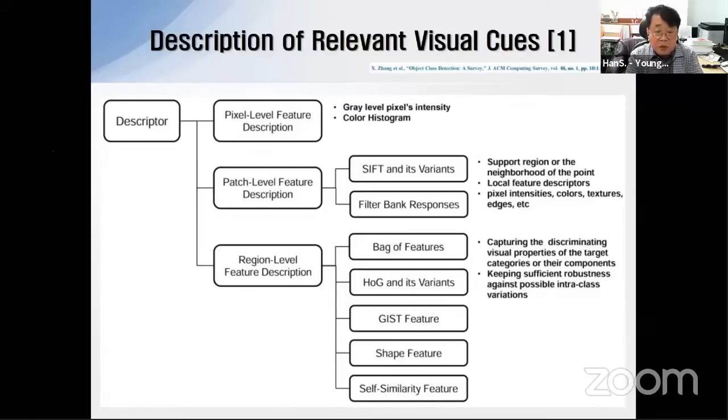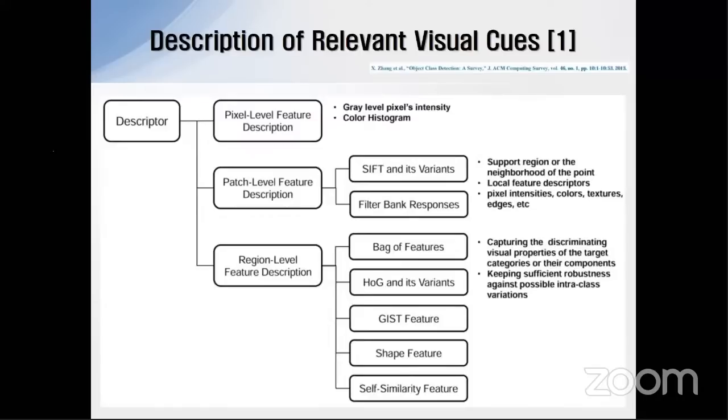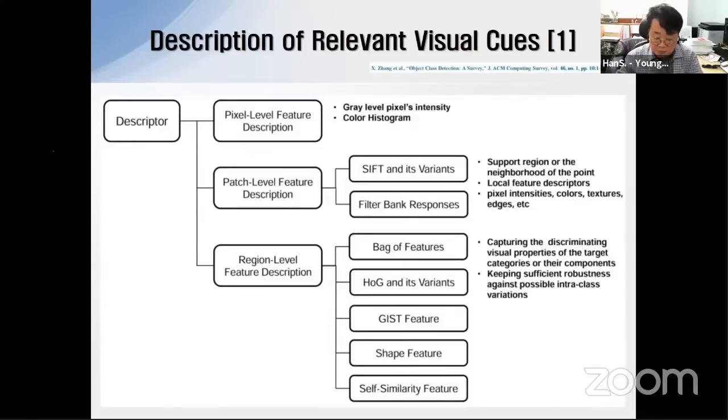Patch level feature descriptors are like SIFT and its variants, and filter bank responses. Recently, SIFT and filter bank responses are widely used for extracting features from images. The last is region level feature descriptions: bag-of-features, HOG and variants, GIST features, shape features, and so on. But the most promising approach in computer vision is bag-of-features. So we focus on filter bank responses and bag-of-features.